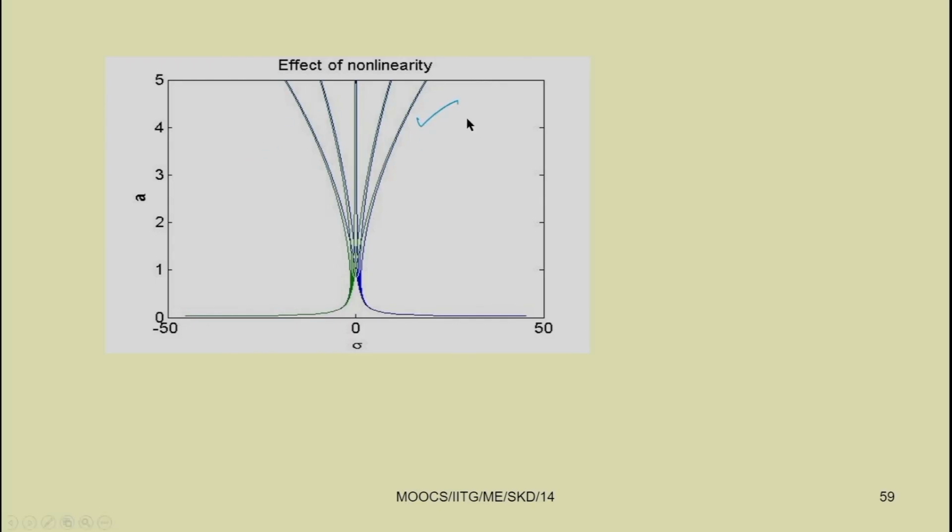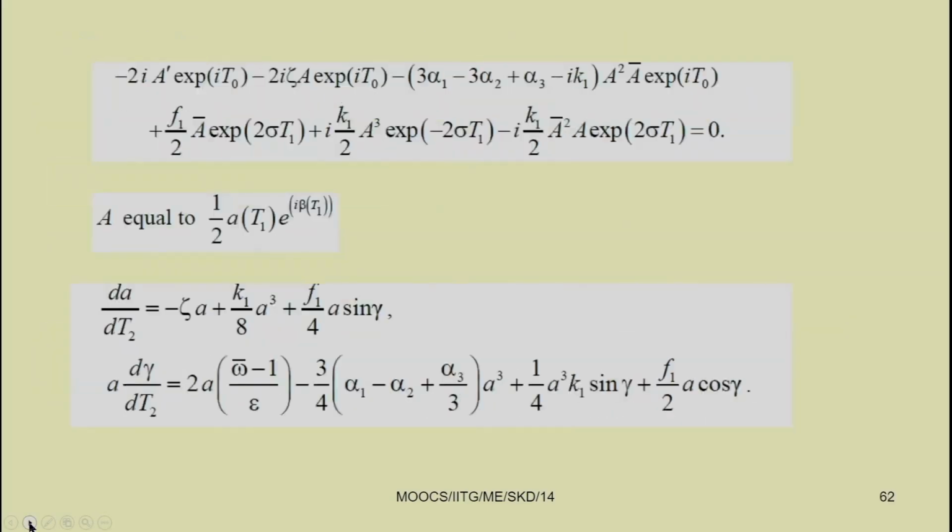So, we have hardening and softening effects. When alpha, the coefficient of the nonlinear term, equals 0, you get this curve. By taking alpha positive, you get the hardening type of effect, and by taking alpha negative, you get the softening type of effect in this response.